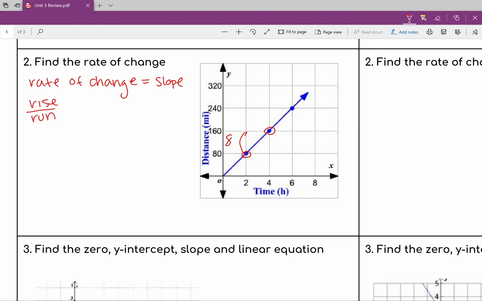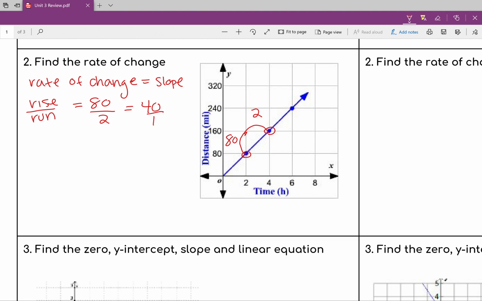So this is actually going up 80. So rise 80. Okay, and then if I go right 1, notice I land at my other point. But instead of going right 1, if we look at the units on the x-axis, it's going by 2s. So this is going to be 2. Okay, so 80 divided by 2 is 40, which we can write as 40 over 1.